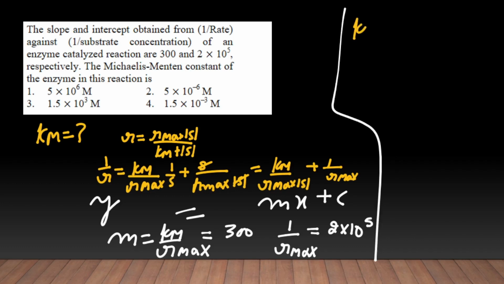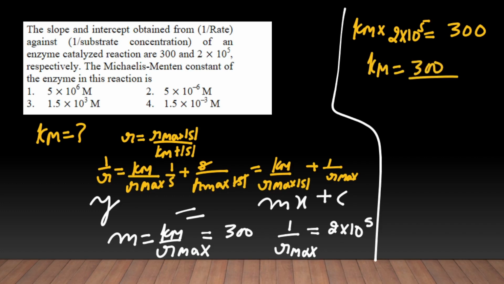So we can say that Km into the 1 by R max value, which is 2 into 10 raised to the power of 5, is equal to 300. So Km will be equal to 300 upon 2 into 10 raised to the power of 5.